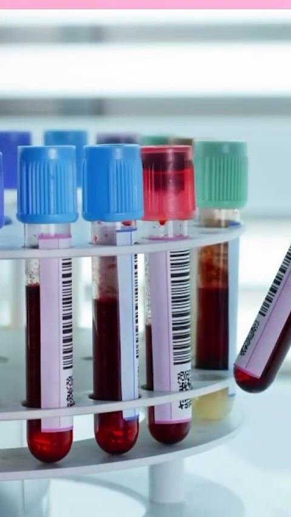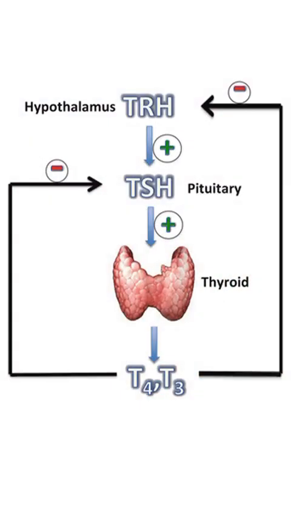Regarding investigations, apart from the routine investigations like complete blood count and liver function, we should also check the lipids in the child, and we need to do a dedicated thyroid test including the TSH and the free T4 hormone.